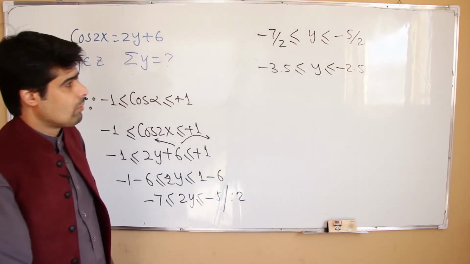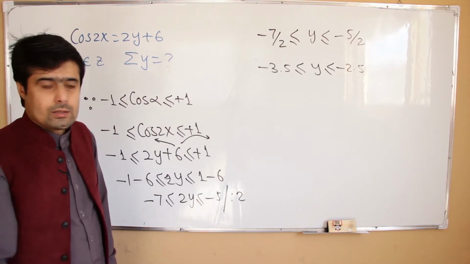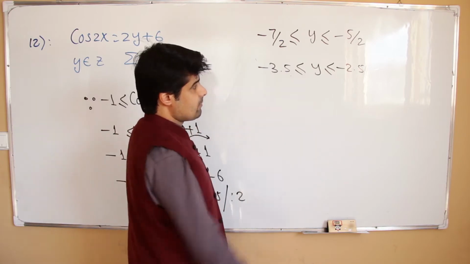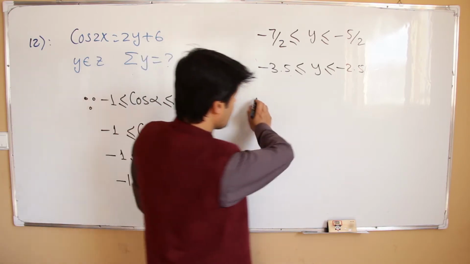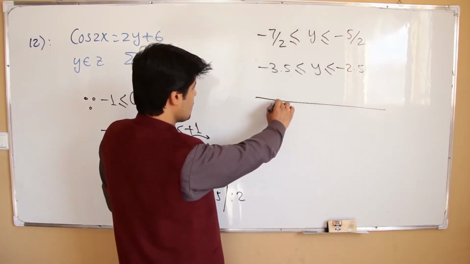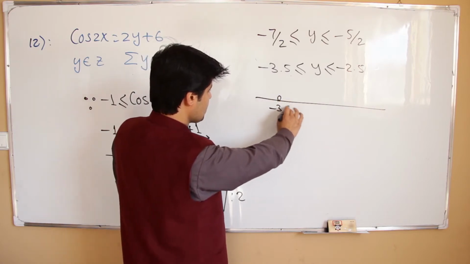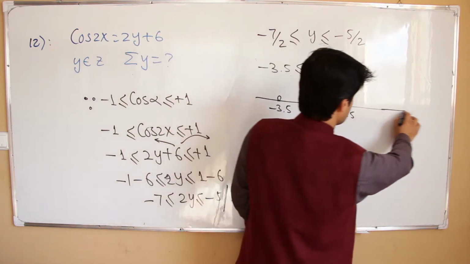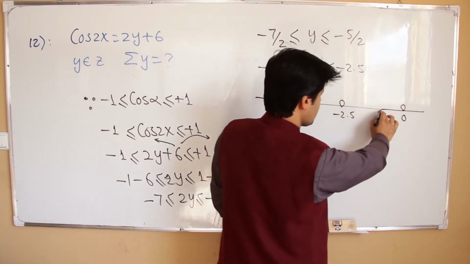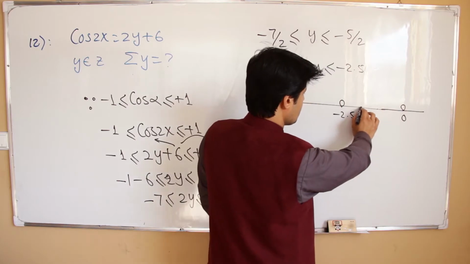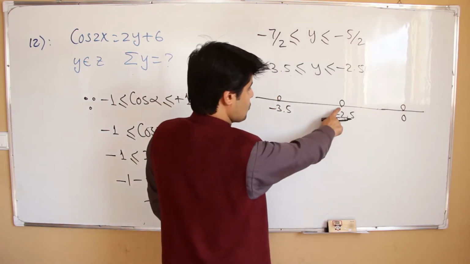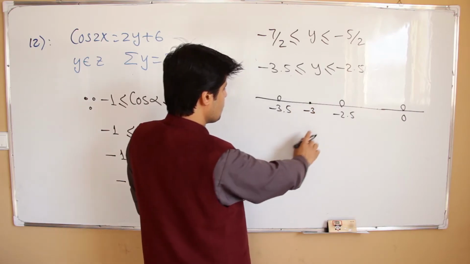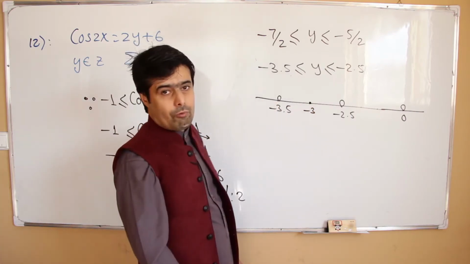Whenever you write inequalities, you have to put the smaller number on the left side. Minus 3.5 is smaller than minus 2.5. Now, what does it mean? On the number line, here we have 0, then minus 1, minus 2, minus 2.5, minus 3, minus 3.5, and minus 4.